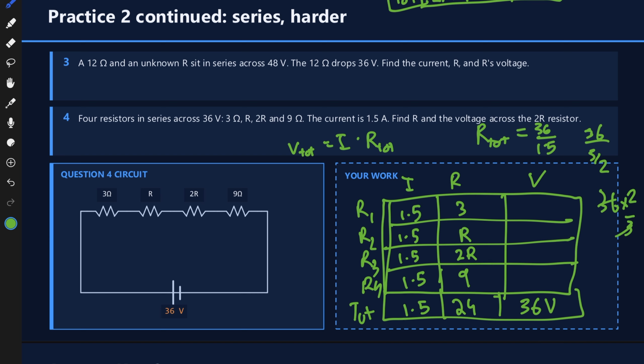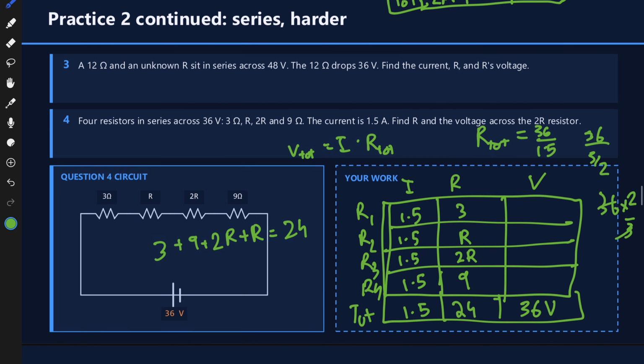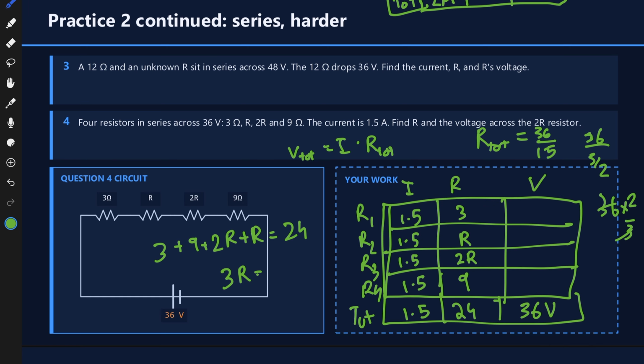Okay. And from that, the rest is, so we know that 3 plus 9 plus 2R plus R is equal to 24 ohms, right? All of these added together give you your total resistance. So in other words, 3R plus 12 is 24.